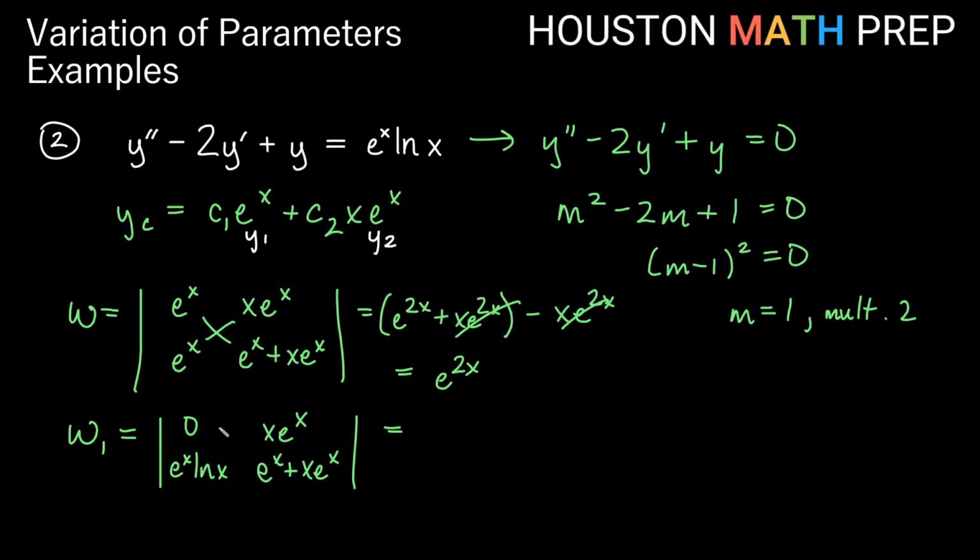Now when we do this first diagonal, that will multiply and give us 0. Minus, if we go ahead and multiply here, we get a bunch of stuff, right? We get x, we get e to the 2x, e to the x times e to the x, and we also get an ln x, right? So we get, it looks like, negative x e to the 2x ln x, lots of stuff.